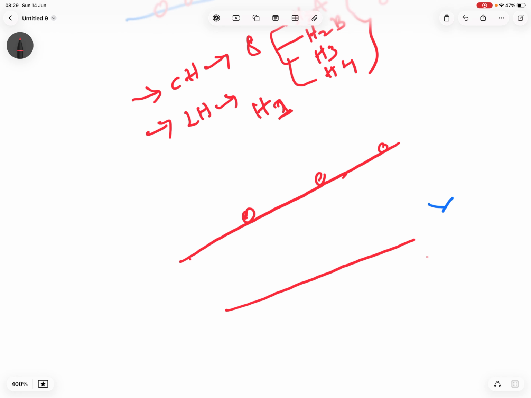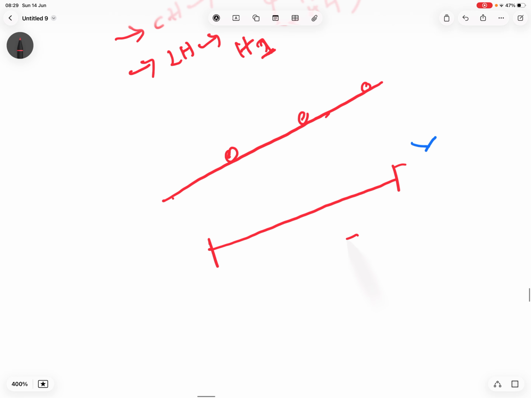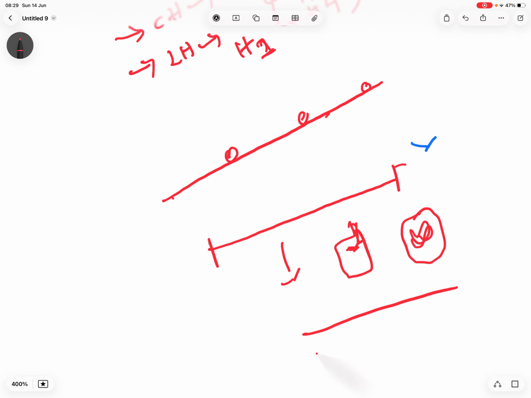To accommodate this DNA molecule inside the tiny nucleus is not possible. So to ensure that this DNA is present inside the nucleus, the DNA undergoes some structural changes, so that it becomes more compact and can reside inside the nucleus.